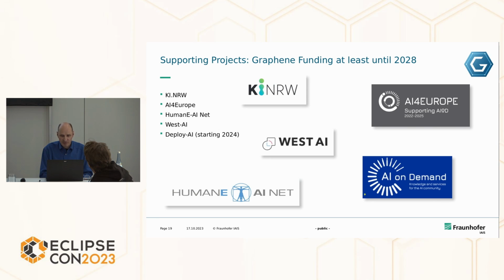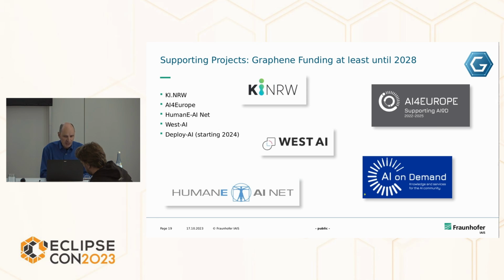There is WestAI, a very important and very interesting project that wants to provide HPC and access to HPC for more people, to make it easier to access HPC systems like Jülich or in Aachen.